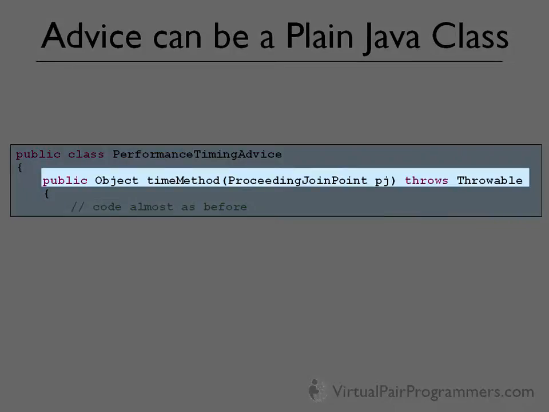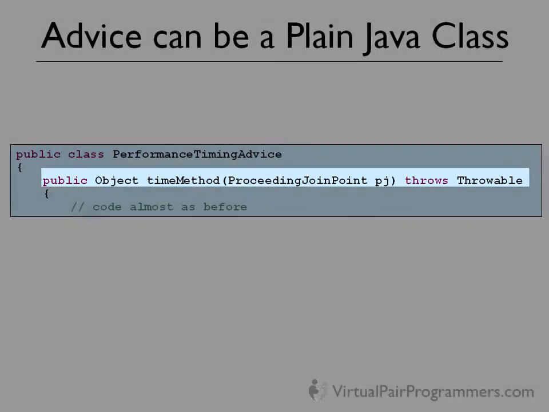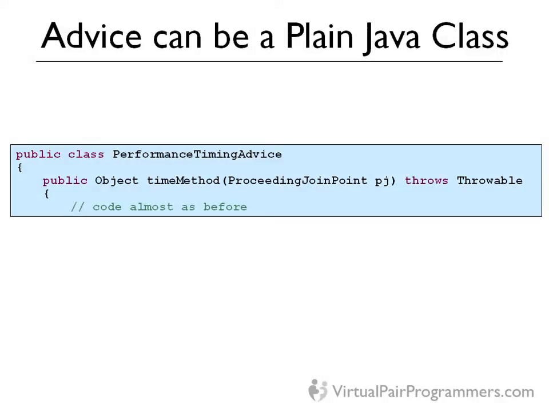Whereas before it had the rather unpleasant name of invoke, now we can give it a meaningful name. I've called my performance timing method here time method, which just by looking at it, I can tell what this method is doing. Whereas the old version, it wasn't immediately obvious.